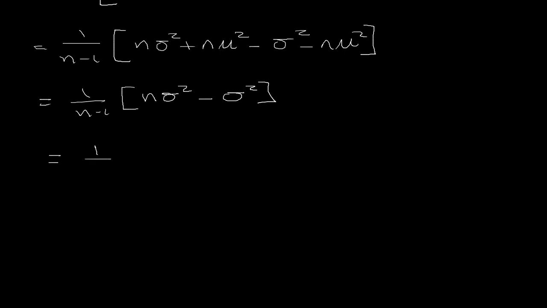So this is going to be 1 over n minus 1 times sigma squared times n minus 1. And of course, this n minus 1 cancels with this n minus 1. And we are done.